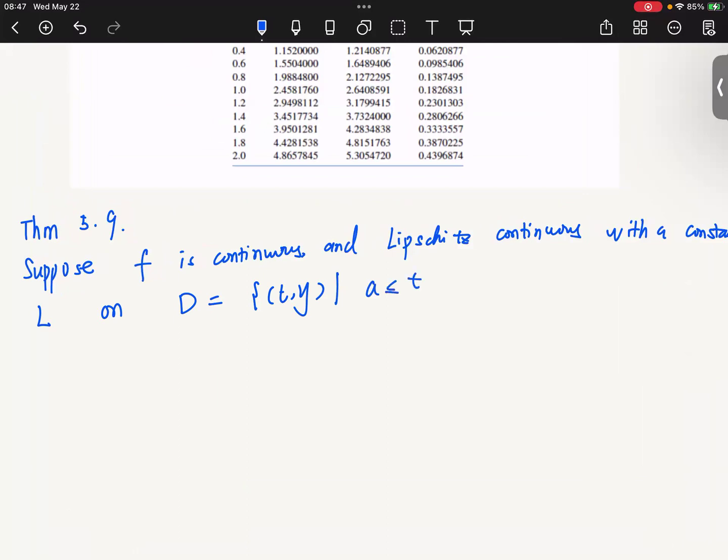This is a strip in the two-dimensional space. The time is in between A and B, but for the y variable, it could be the whole real axis.